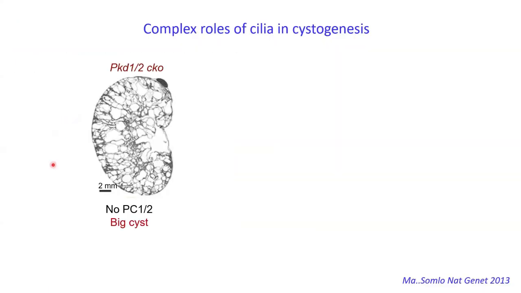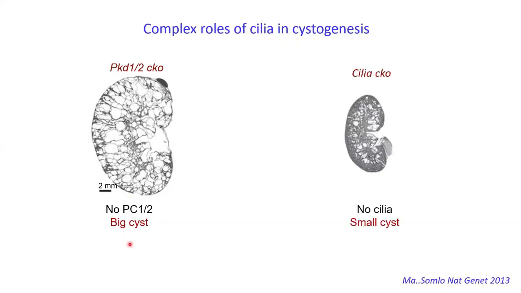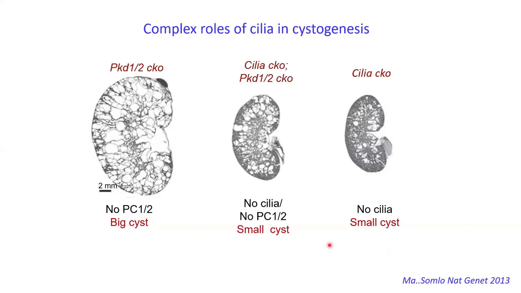Somlo's lab showed loss of PC1 or PC2 causes big cysts in kidney. Loss of cilia also develops cysts but small, and with loss of cilia in the PKD loss, the cyst growth was only partially suppressed, suggesting that cilia has positive and negative complex roles in cystogenesis.